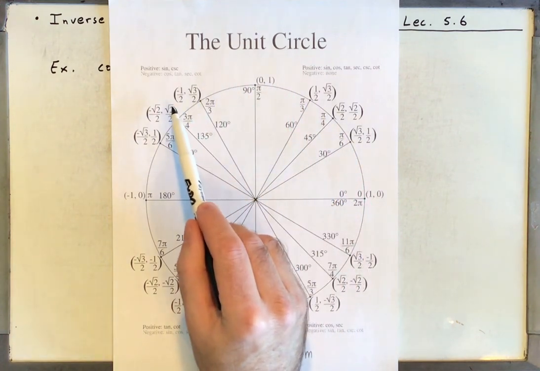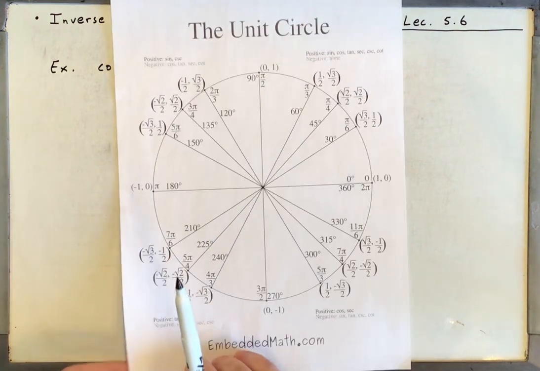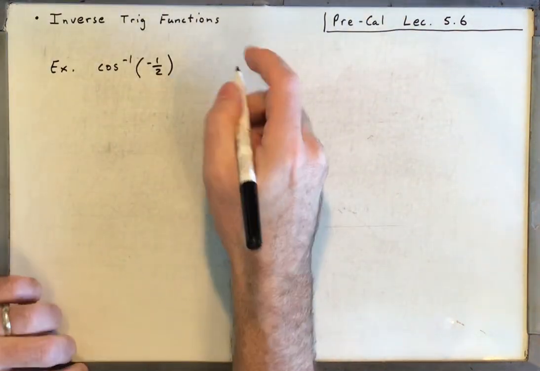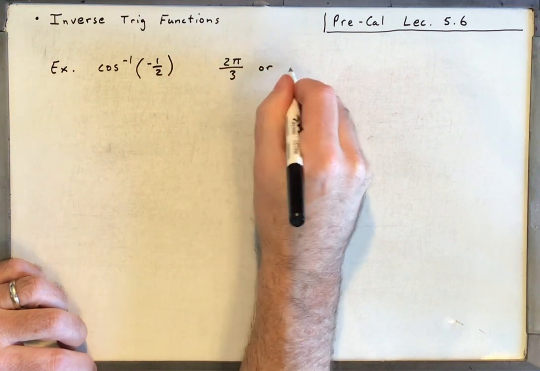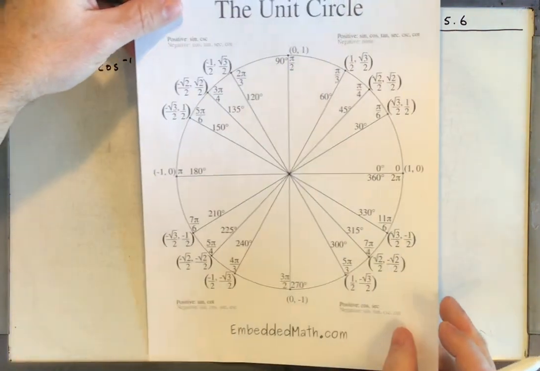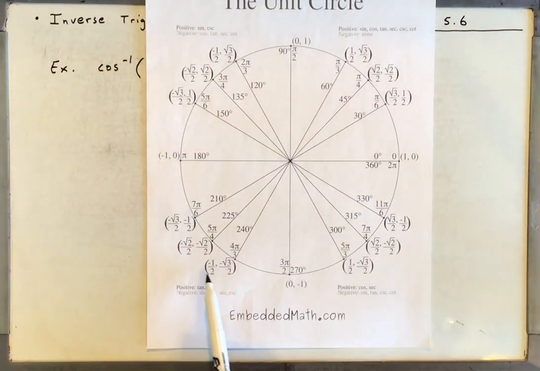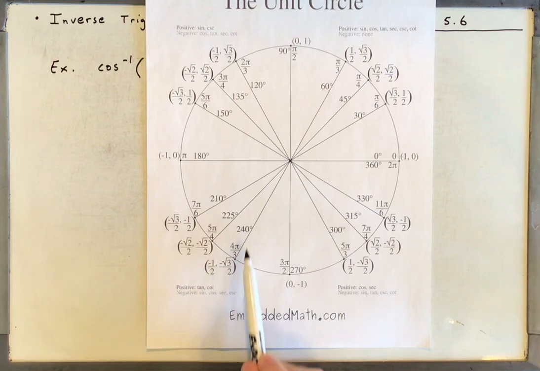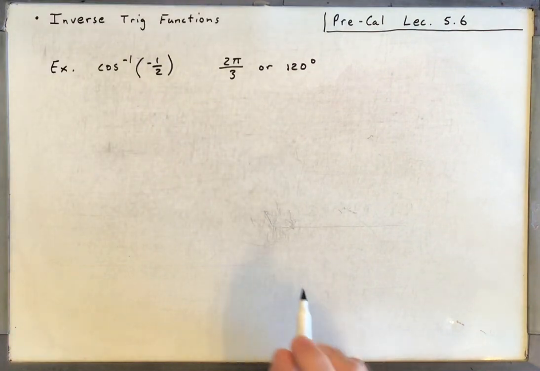So coming around, we got one at 2 pi over 3, and 120 degrees. So that one is. And it's negative 1/2 also down here at 4 pi over 3, 240 degrees.